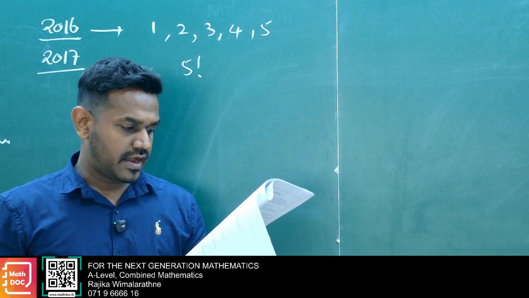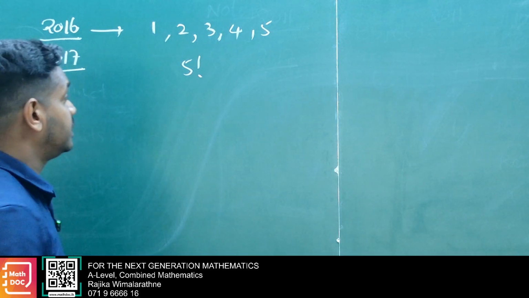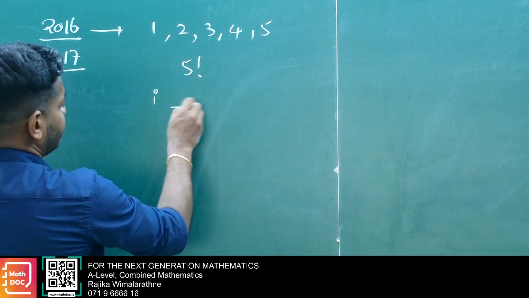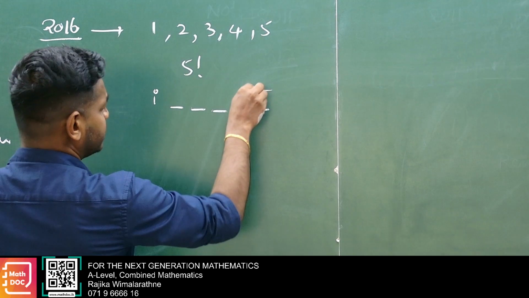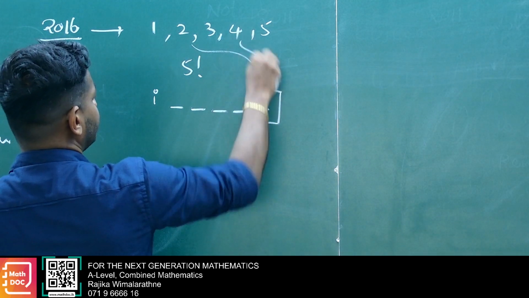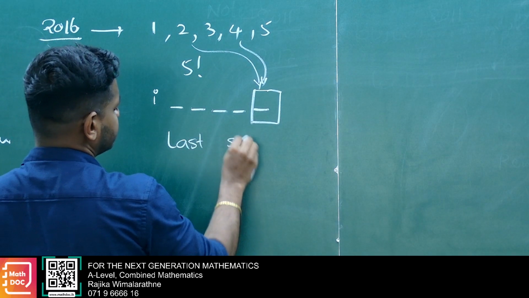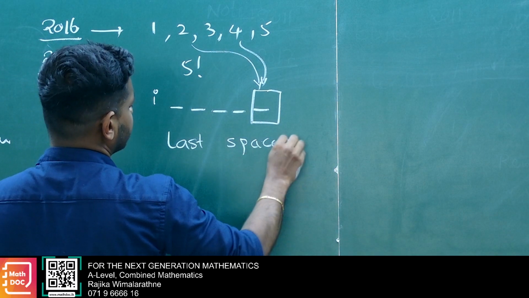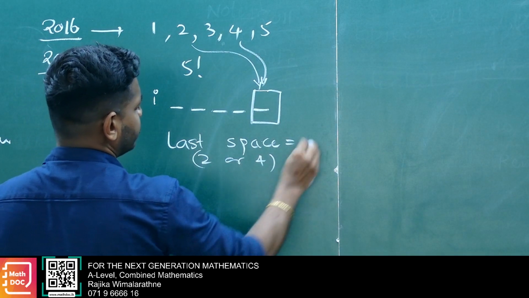Then even numbers. First case, even. To get even numbers, the last digit must be 2 or 4. So in the last space we have two ways.